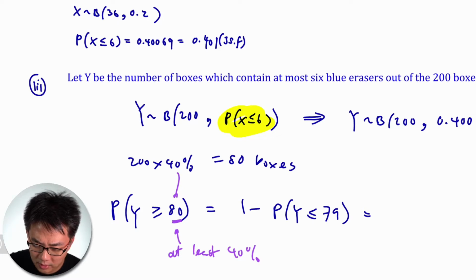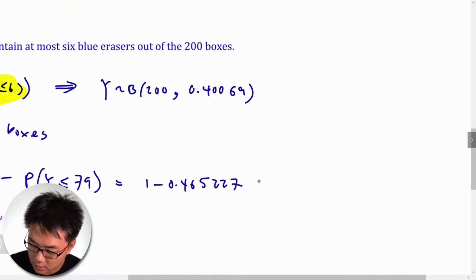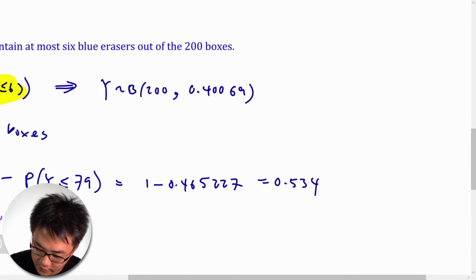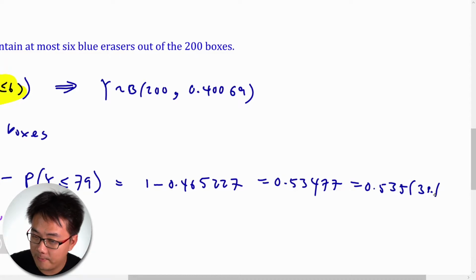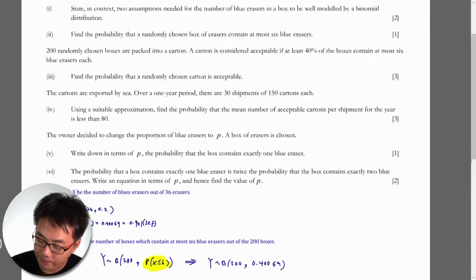X is 79. 1 minus 0.465227 is 0.53477, 3 SF. It's okay.